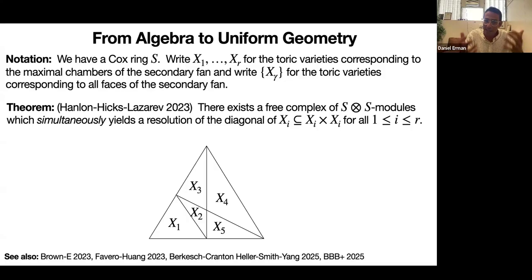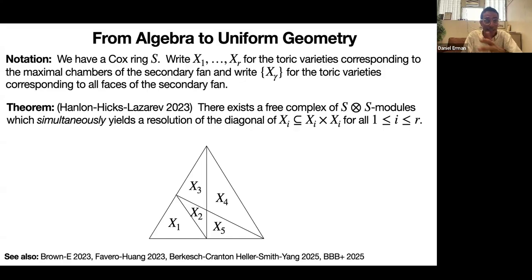This seems to be the right analog of Beilinson's theorem, and it has these beautiful uniformity properties. And so that's an indication of how we can take an algebraic construction, a certain free complex that's motivated by things in the literature, and it has uniform properties for all the Xi's.